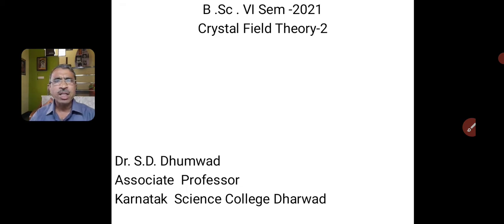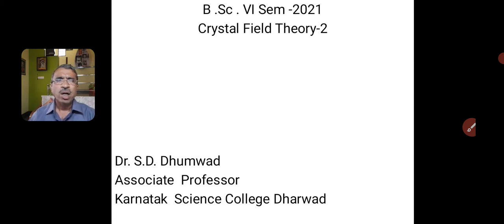Because of this, there is a slight energy difference between these two sets of orbitals, and when the ligand approaches the metal ion, the d orbitals split.